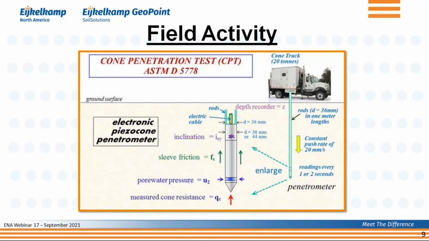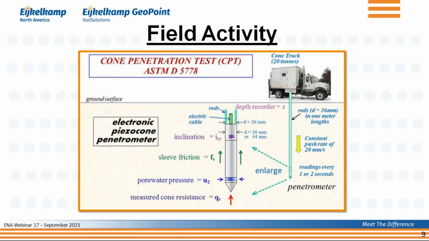Okay, what are we going to talk about? When we talk about CPT, the whole process of CPT is summarized here on the screen. You see a cone truck on the right-hand side that is pushing a cone into the ground at this constant speed of 20 millimeters per second or 2 centimeters per second, 0.8 inches per second.